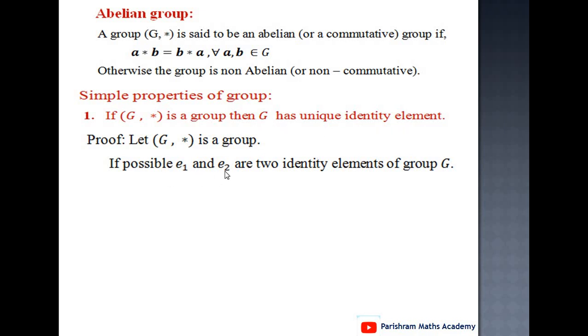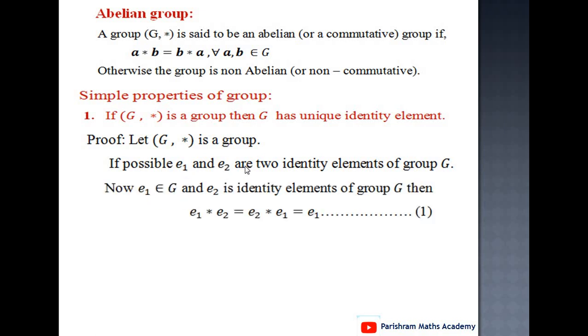If possible, e1 and e2 are two identity elements of group G. We have to prove the identity element is unique. We can take two identity elements e1 and e2 of group G. Now, e1 and e2 both belong to G. First, e1 is an element of group G and e2 is an identity element of group G, then e1 star e2 equals e2 star e1 equals e1, because e2 is the identity element.